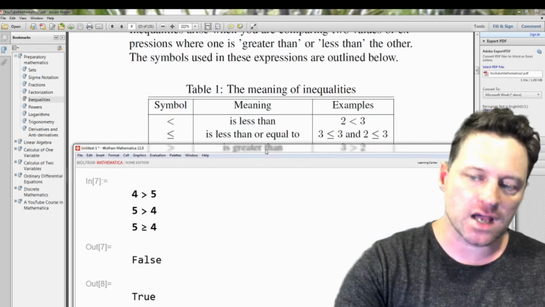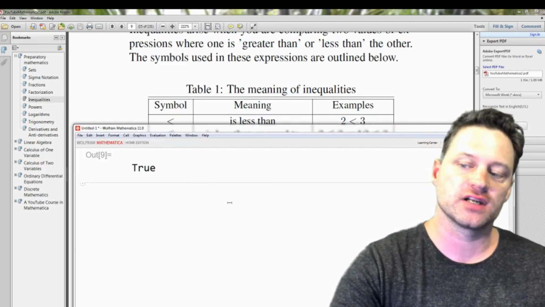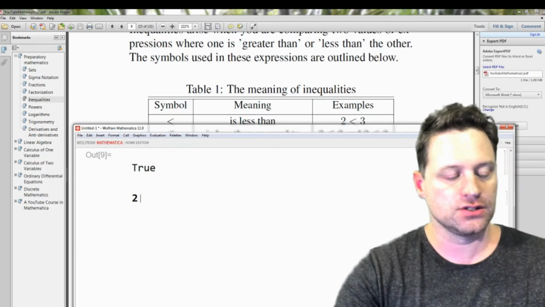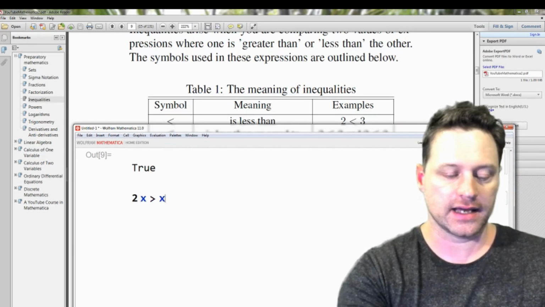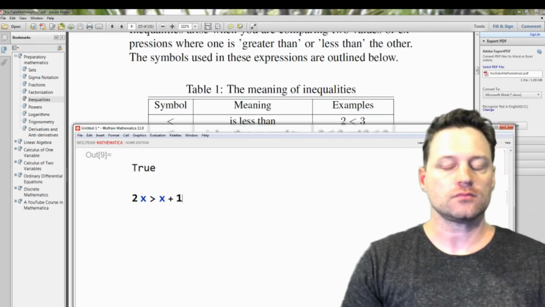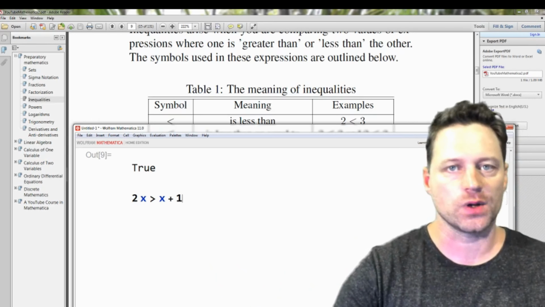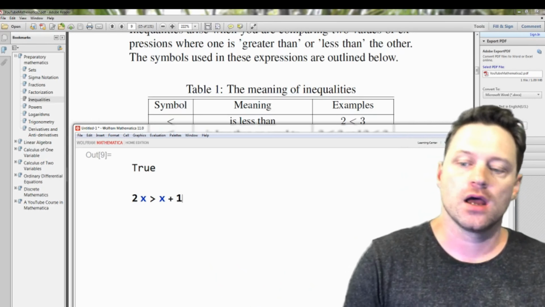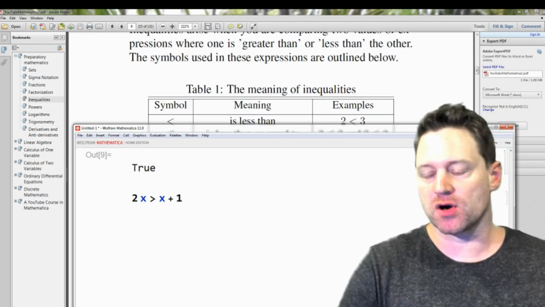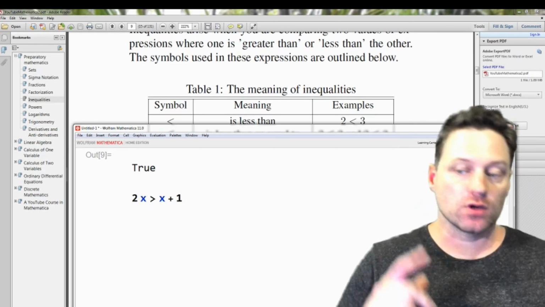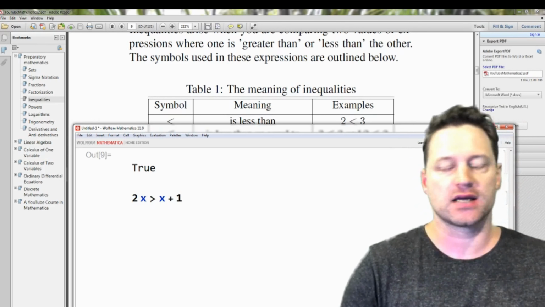Rules for rearranging. Now, you might want to solve an inequality. Let's think of an example: 2 times x is greater than x plus 1. Before I go on to tell you the rules, I'll just solve this inequality for x to help you get familiar with the process. First of all, I will subtract x from both sides, just as I would do if this were an algebraic equation.